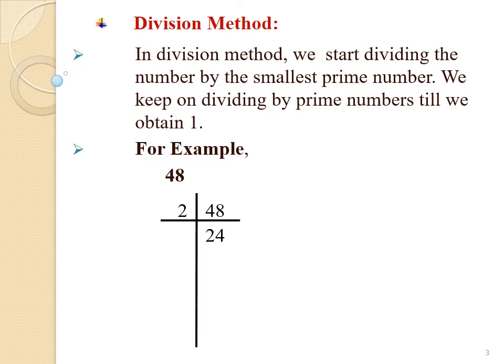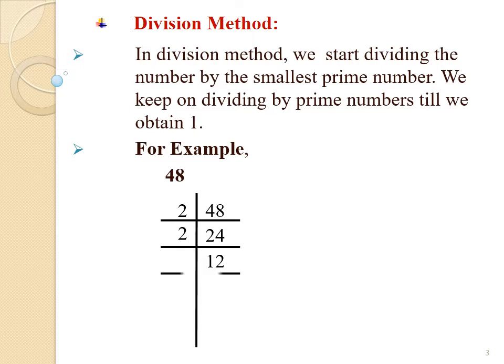Students, now we have to divide quotient 24, which is also divisible by 2. Thus, dividing 24 by 2, we get quotient 12, which we have to write below the dividend 24. Now we have to divide quotient 12, which is also divisible by 2.